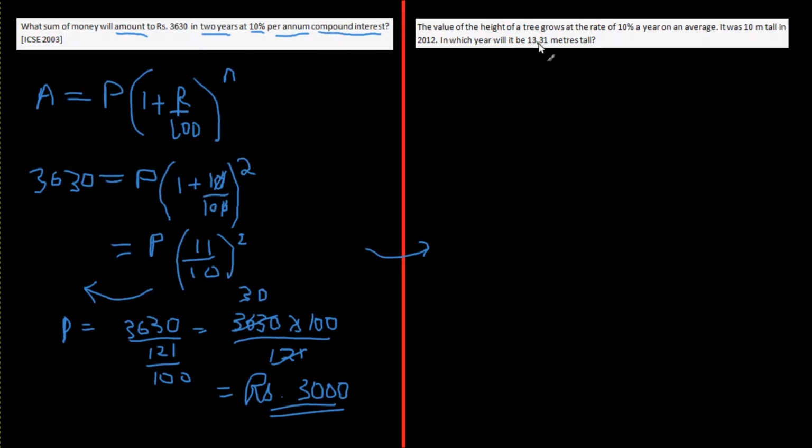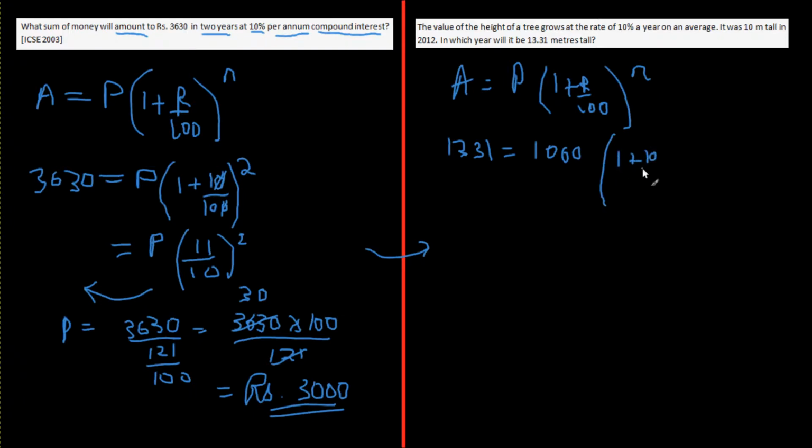So all you have to do is just substitute the values. You're again given everything except for n. So A is equal to P times (1 plus R by 100) to the power n. Just substitute 13.31 meters. We'll write this in centimeters, so convert: 1331, just multiply it by 100, is equal to P, which is 10 meters, so 1000 centimeters, into (1 plus 10 by 100).